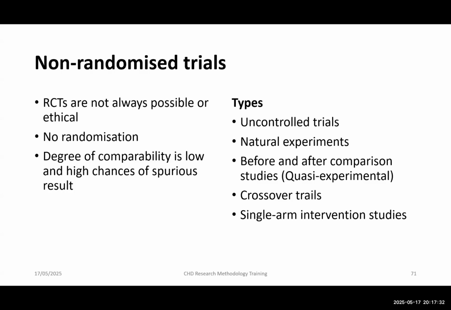Then you have what we call the before and after study. Some also call it the before and after quasi-experimental study, with or without control groups. The individual can serve as their own control when you don't have a control group. When you have a control group, you have two groups. Before the administration of the intervention, you do a baseline study.